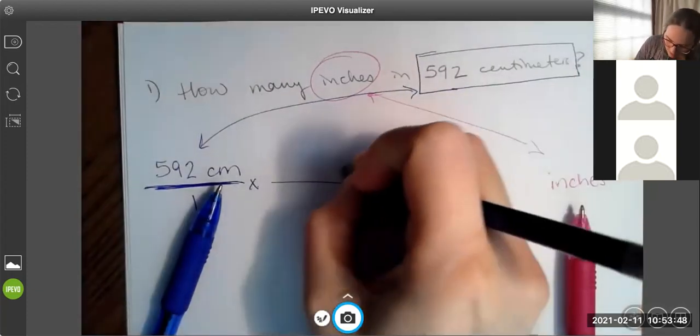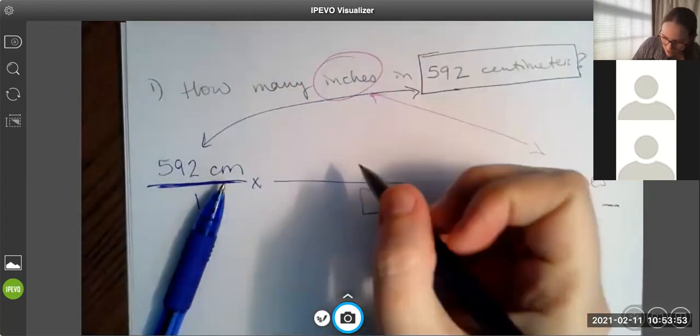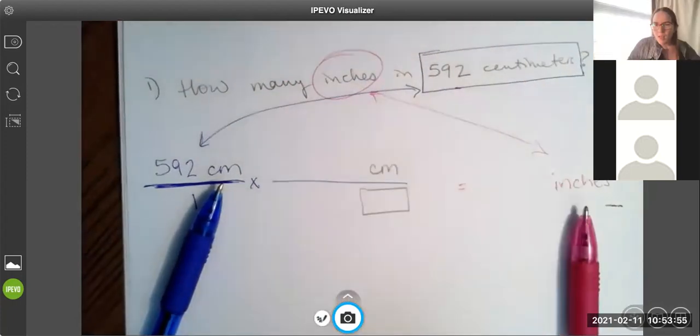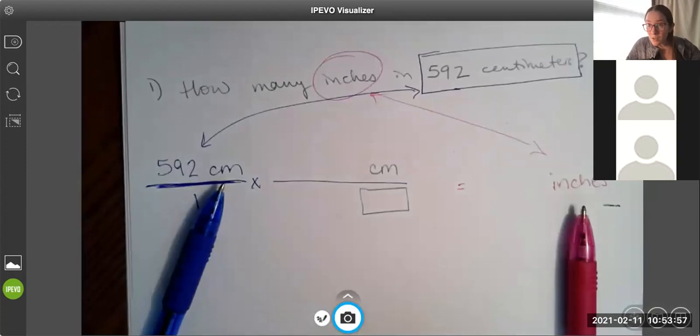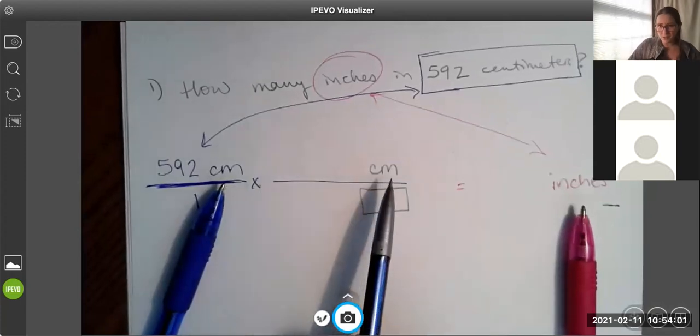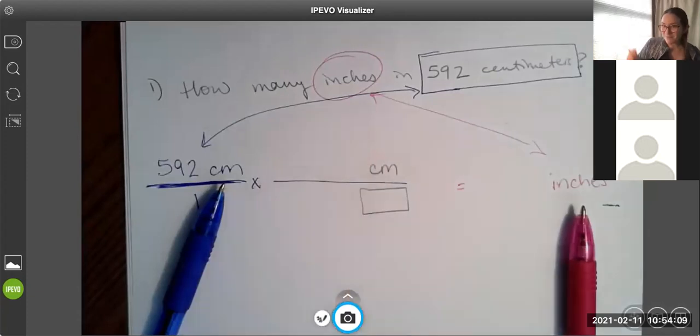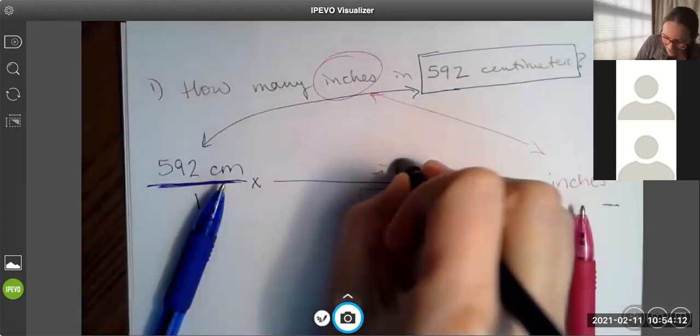Okay, we're just gonna take a minor detour. If we put centimeters on the top, then when we do it, we've got centimeters times centimeters. Did we get rid of centimeters that way? No. Put it on the bottom so you can cancel it out.